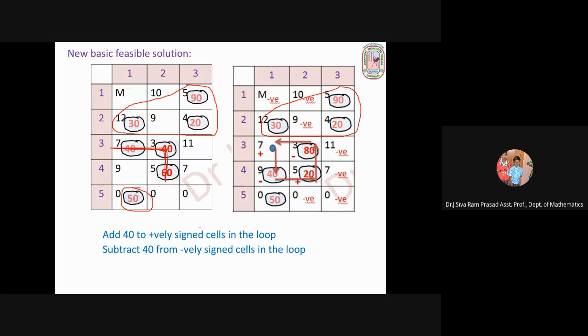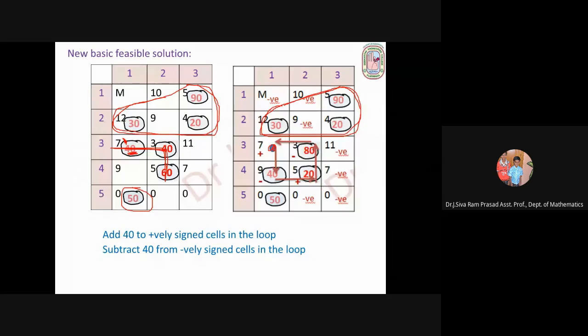Now, what is the change in the transportation cost? For the unchanged cells, the transportation cost remains the same, since the amounts are not changed. Here, in the previous table there is no transportation. At present, transportation is 40. That means 40 into 7, that is 280.